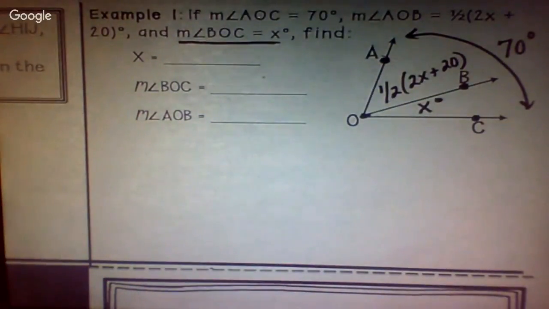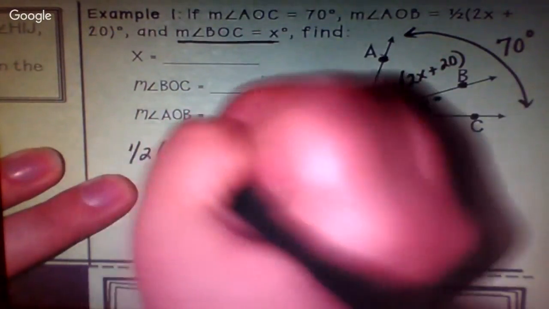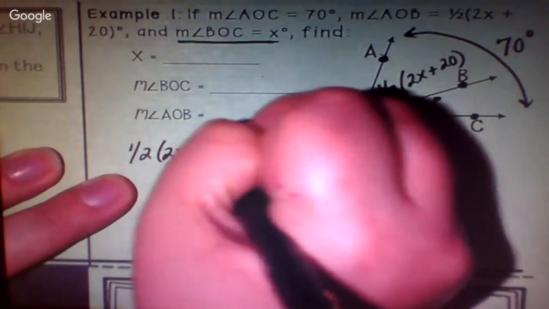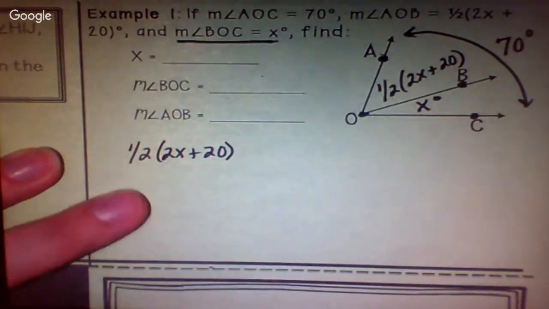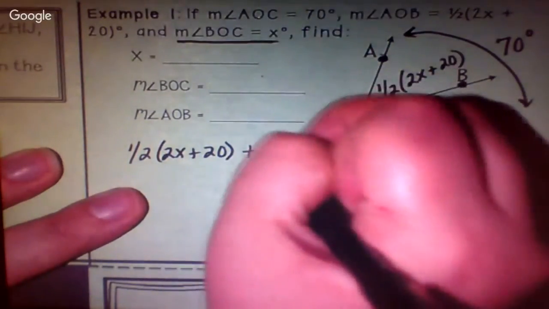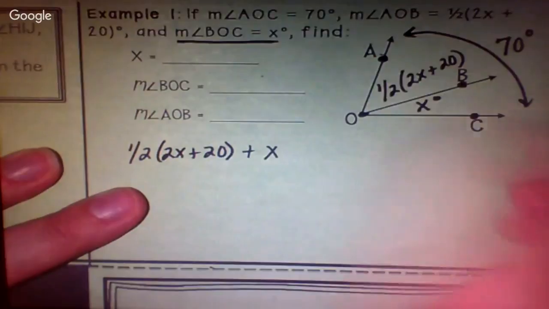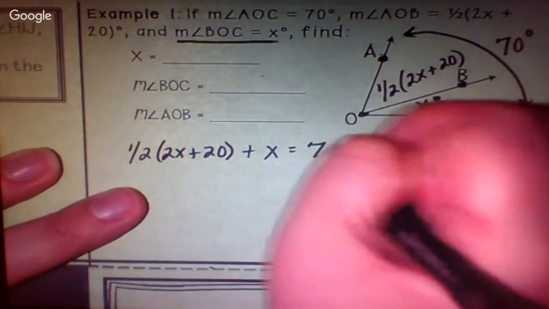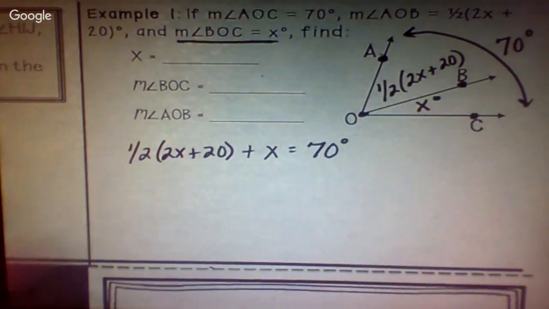So we're going to find all of these things given this information. Well, my angle addition postulate tells me if I take these two smaller ones and add them together, it should equal my big one. So my first small one is 1/2 times 2x plus 20. That's my first small angle. If I add that to my second small angle, which is x, that should equal my big angle, which they told you is 70 degrees.